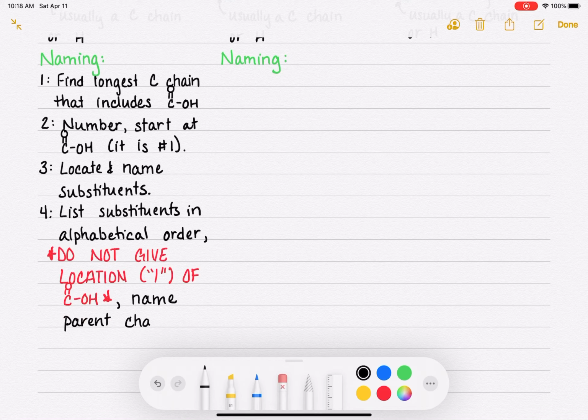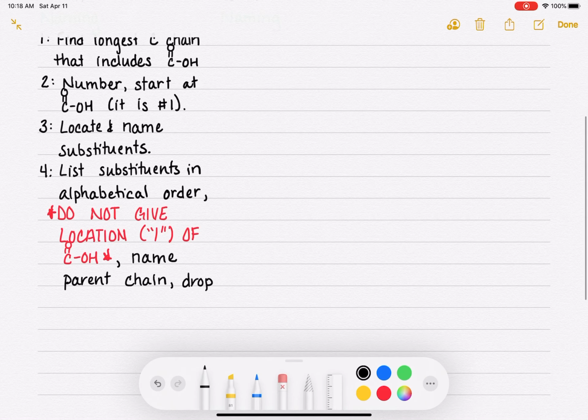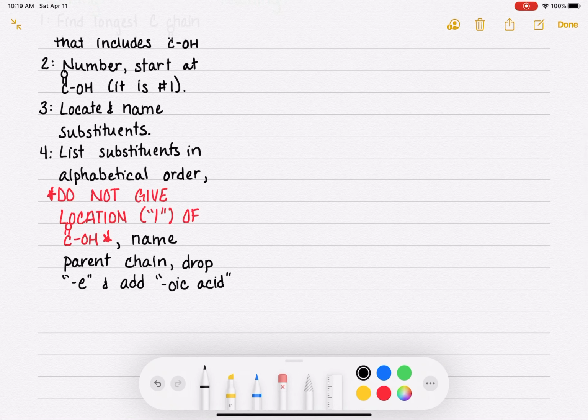And like usual, we're going to modify the ending of the name of the parent chain. To do that modification, we are going to drop the E from the parent chain, and we are going to replace that with oic acid. So just looking at the modification of a parent chain, let's say that we had ethane.